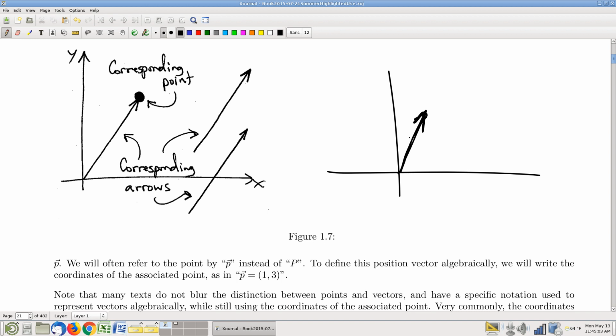There's a temptation to say, okay, well, we've got a direction, we've got a magnitude, we can talk about the direction by, let's measure the angle or something like that, and then we'll measure how long it is. And you could do that, I suppose, but a really convenient thing to do is to say, look, this vector is associated to this point. That point has coordinates. And I can talk about this point by way of those coordinates.